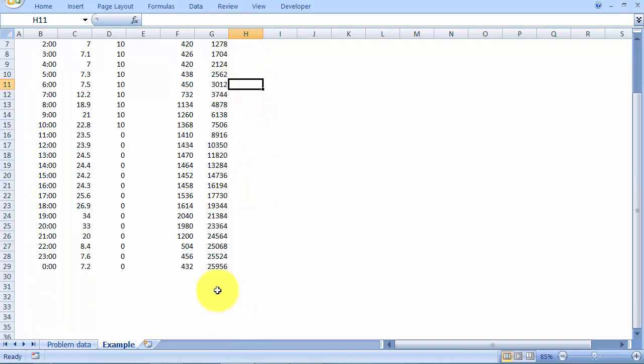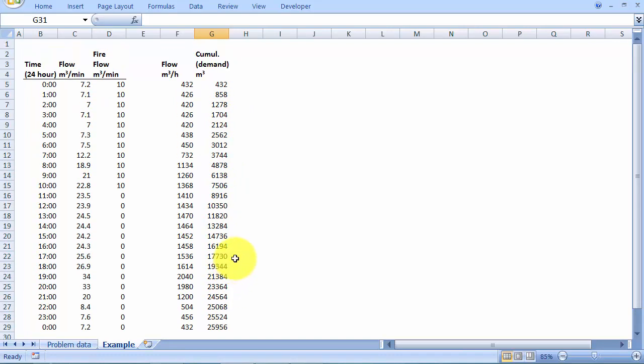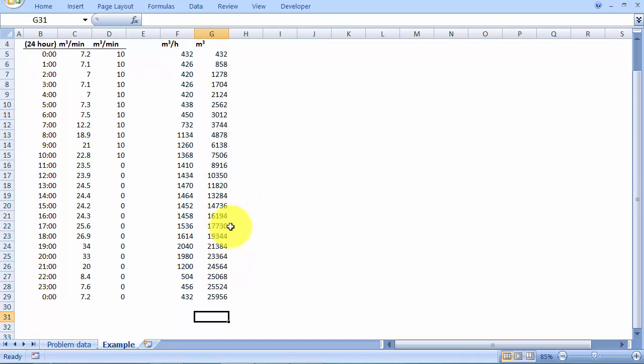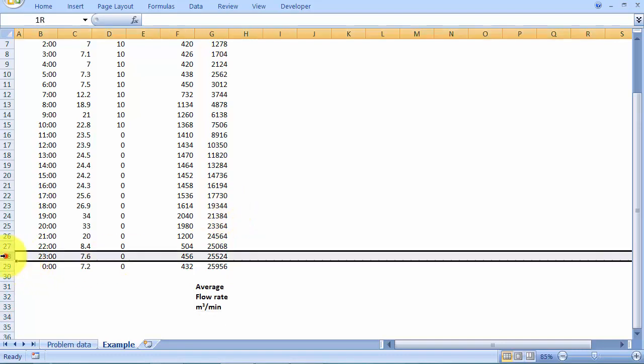Okay. So if we wanted to work out, for this cumulative demand, what the total flow rate would be, so the constant flow rate, we could determine that average flow rate in meters cubed per minute. That's going to be equal to the total flow that we have. This row here is the critical one.